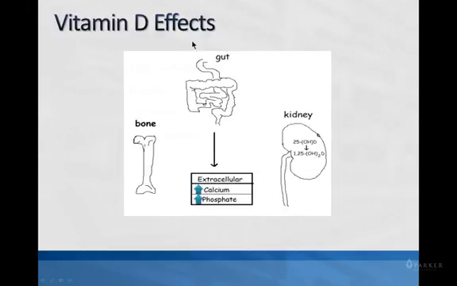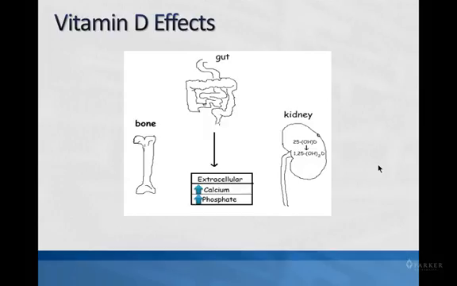Now overall, before we look at each step here, the biggest effect, hands down, of vitamin D is on the GI tract. Overall, vitamin D's effect is to increase calcium and phosphate in the extracellular fluid.